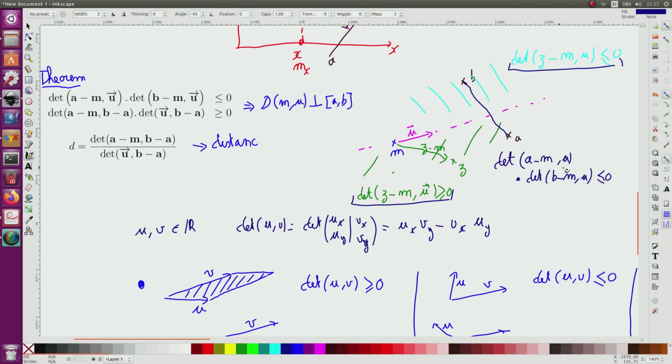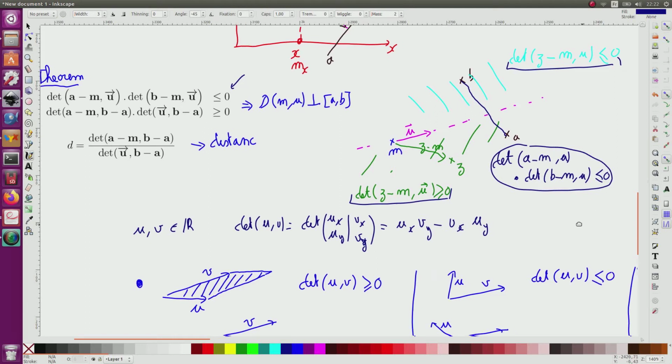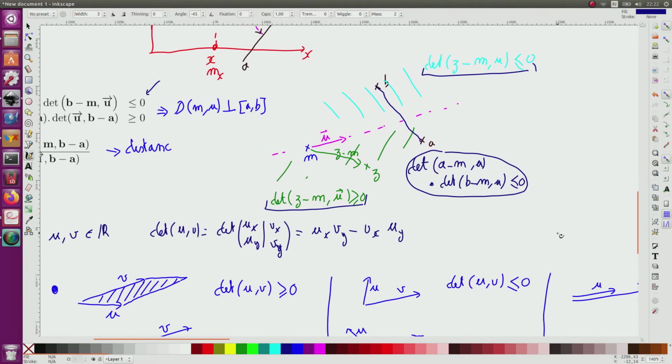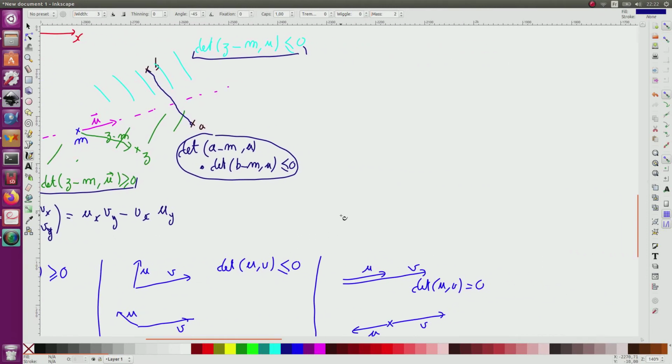And this condition corresponds to this inequality. So A and B should be in different half-planes. So what about the second inequality? So there is a situation that we don't want to have, the laser that will intersect the segment, that is the following.